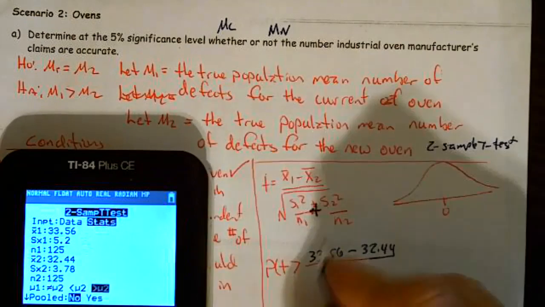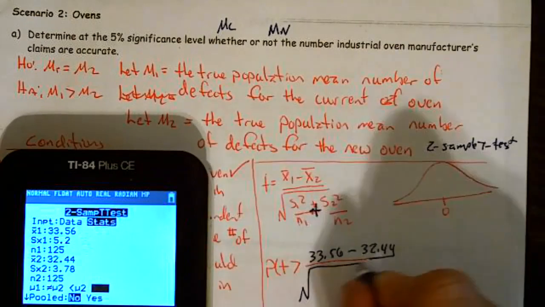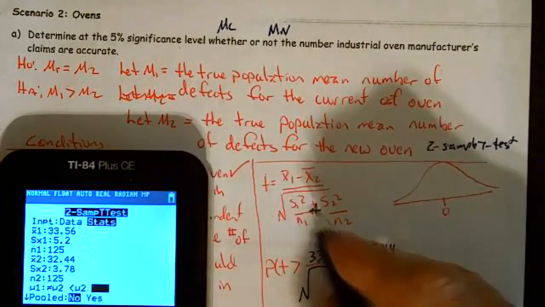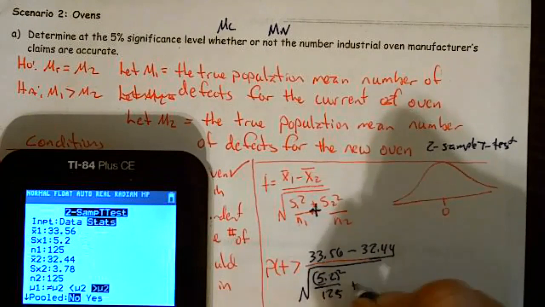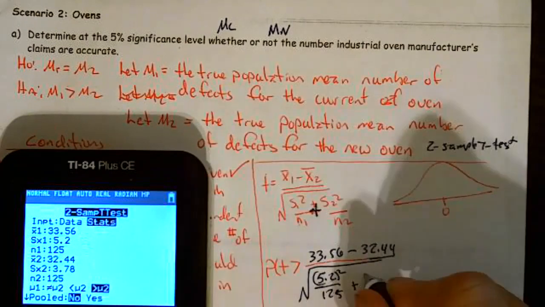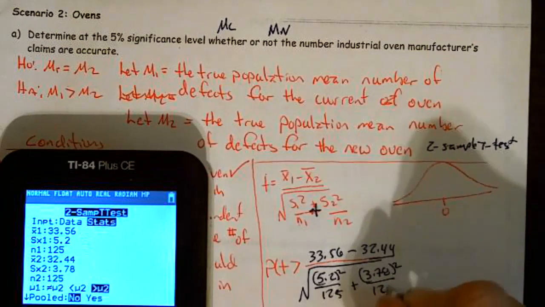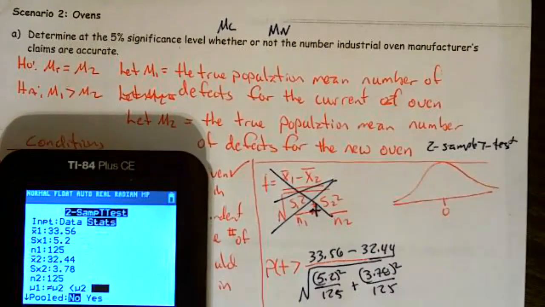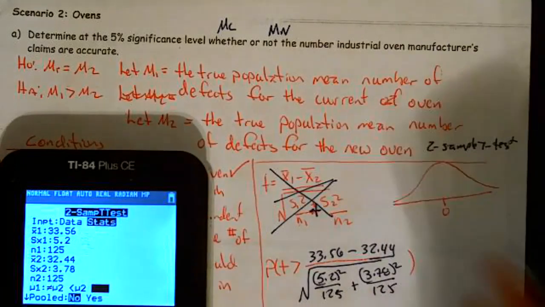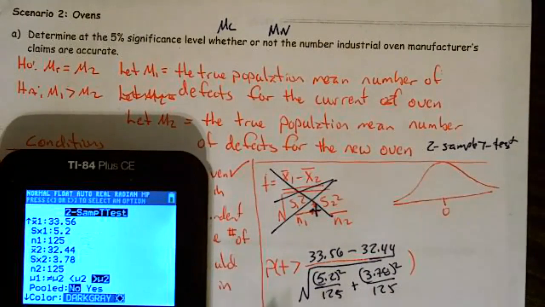And over here, the square root of 5.2 squared over 125 plus 3.78 squared over 125. And now we're going to cross out that just in case we have an error. And I'm going to go ahead and run this thing. We never pool.